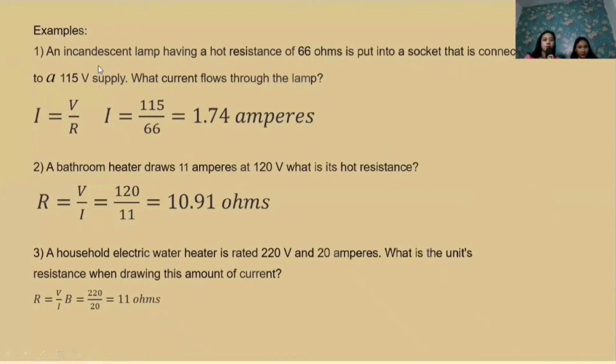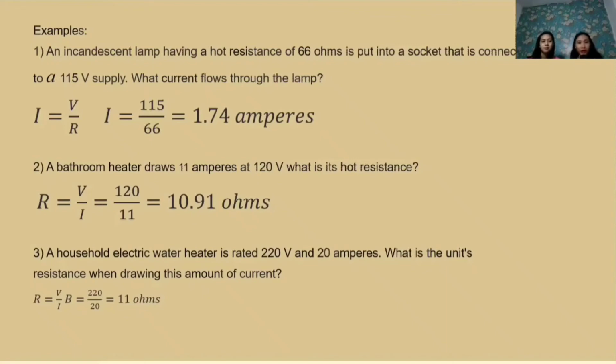First, we have an incandescent lamp having a hot resistance of 66 ohms put in a socket that is connected to a 115 V supply. What current flows through the lamp?